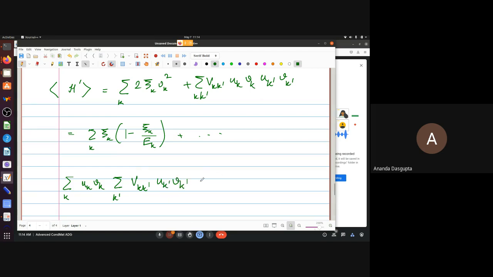Now, it may be easier to recognize in this form. What is this sum? Anybody? This quantity, V k k prime sine 2 theta k prime, which I'm summing over k prime first. What is this quantity?